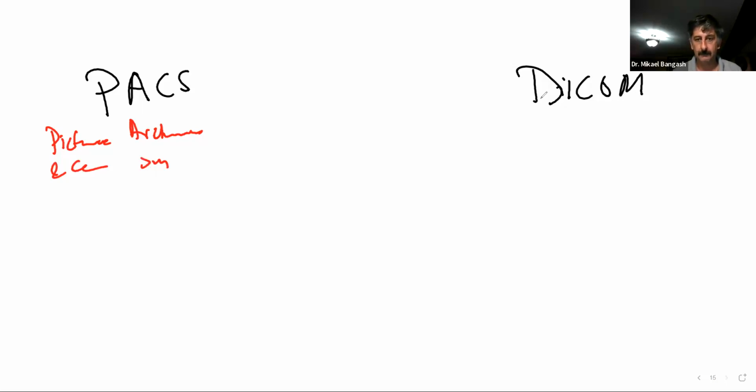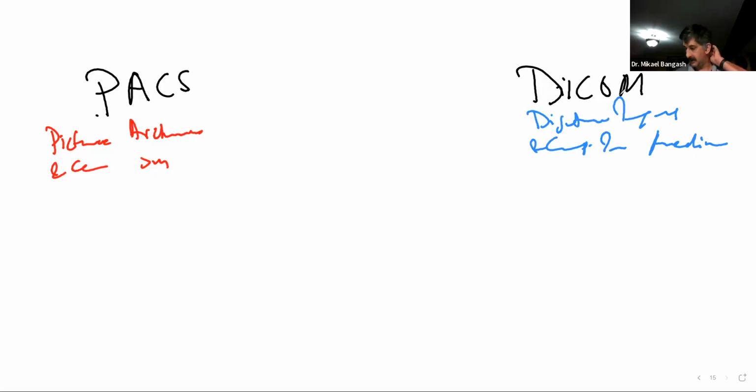Whereas DICOM just stands for digital imaging and computers in medicine. So you just have to remember what PACS stands for and what DICOM stands for, because they are two different abbreviations.